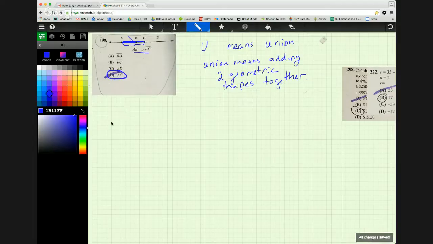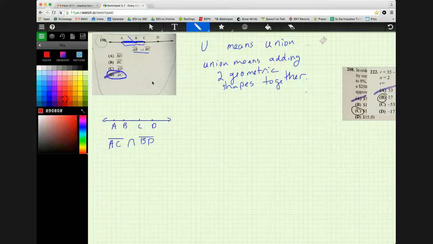Let me ask you a different question, and I'll give you the answer just so you can get the other half of this problem, because they may ask you this too on the test. So if you have a line ABCD, and they'll say maybe what is AC intersect BD? What this means is they want the common piece. What is common among these two lines?